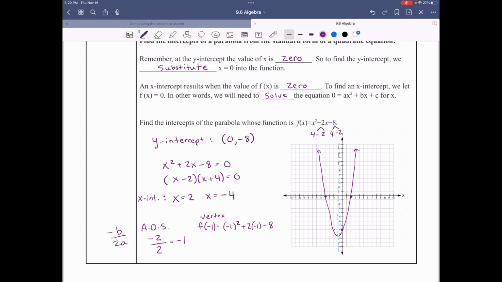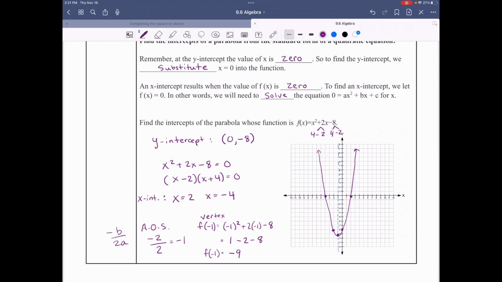Negative 1 squared is 1. Minus 2 minus 8. That is going to equal negative 9. So f at negative 1 is negative 9. I was pretty close, except it's right here. I went a little low on my graph. But I did kind of guess that symmetrical point there.